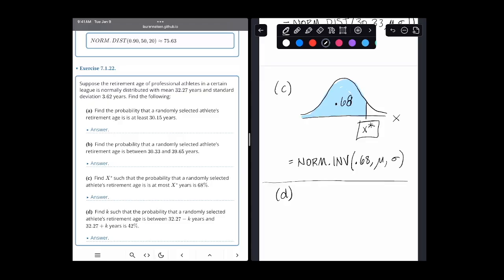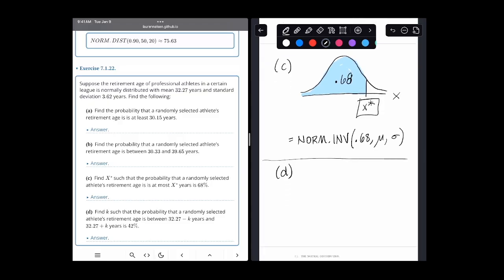Now let's try D. D might feel a little bit trickier. It says find the K so that the probability that a randomly selected athlete's retirement age is within K years of the mean, so that 32.27 is our mean, that probability is 42%. So if I draw a picture, in the middle, I have my mean, which is 32.27.